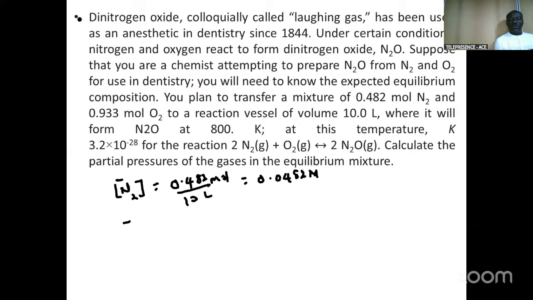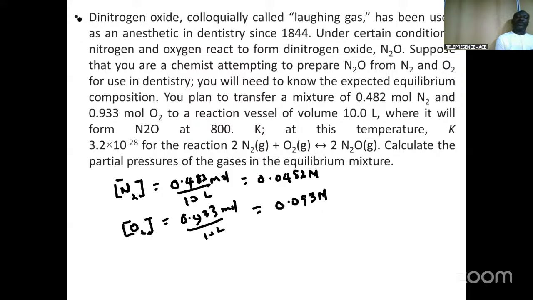That's the concentration. The concentration of O2 is equal to 0.933 mole over 10 liter, and of course, that's equal to 0.0933 molar. So we know the molar concentrations.